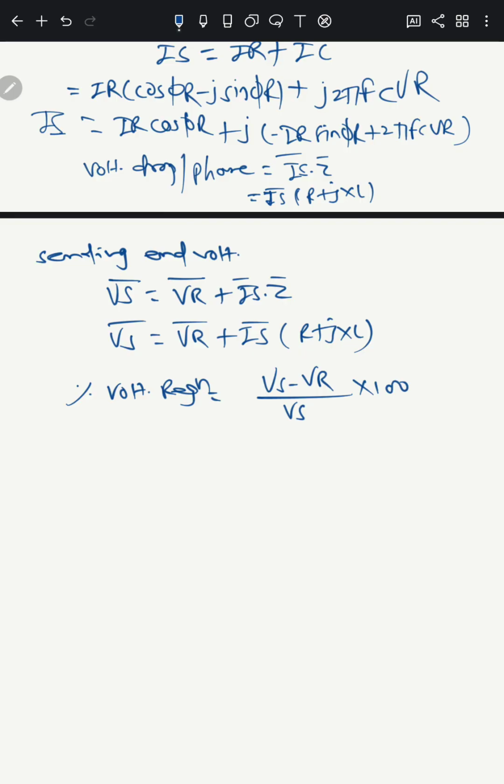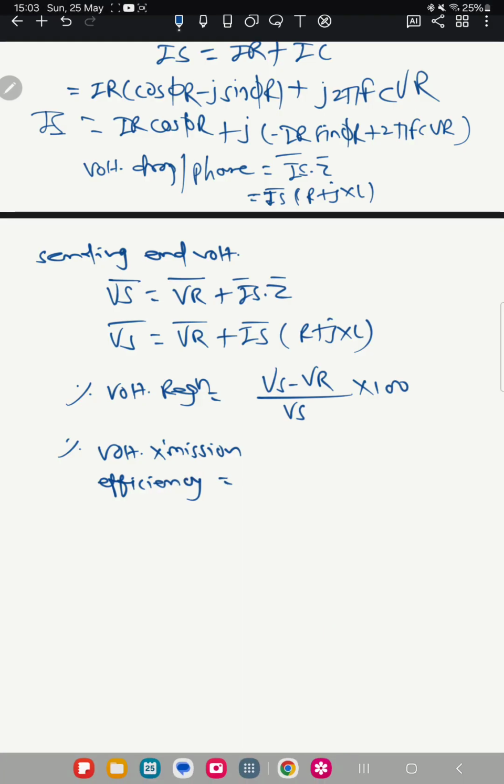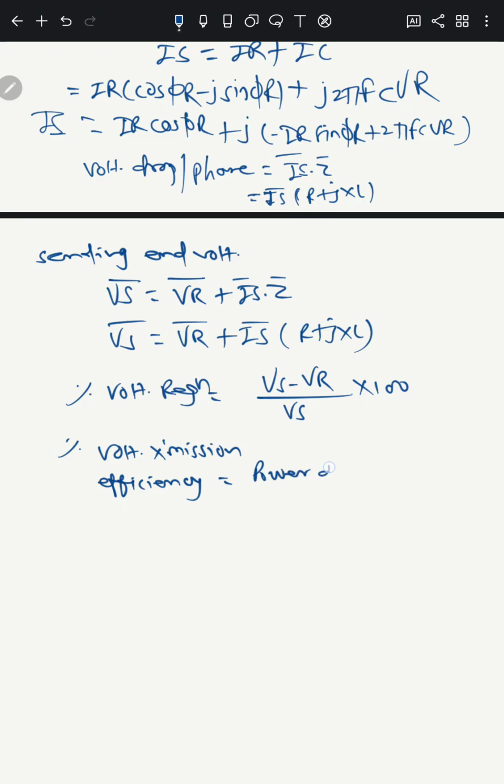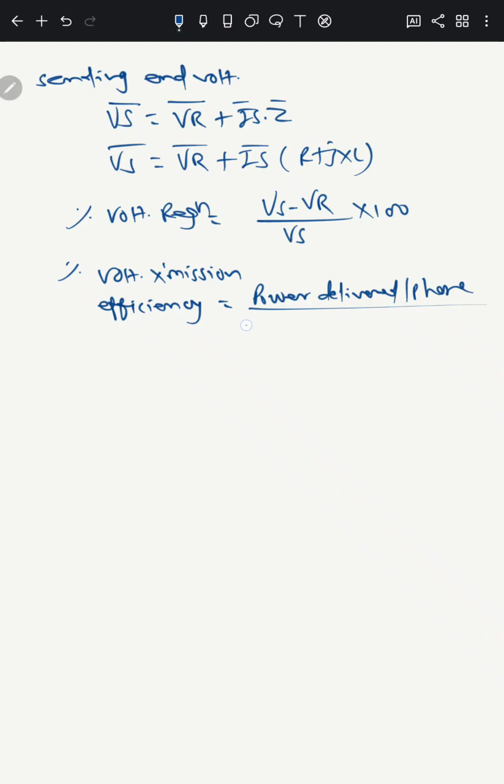And percentage transmission efficiency is equal to power delivered per phase divided by power delivered per phase plus losses per phase, into 100.